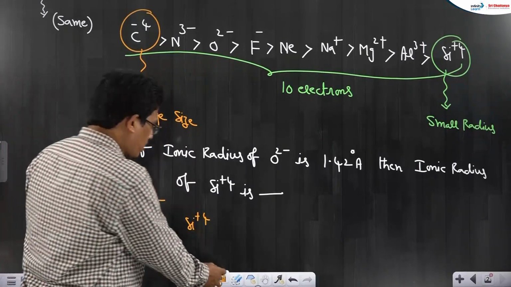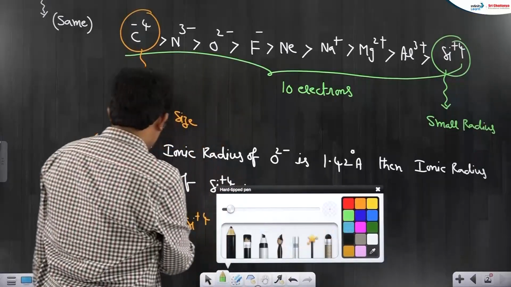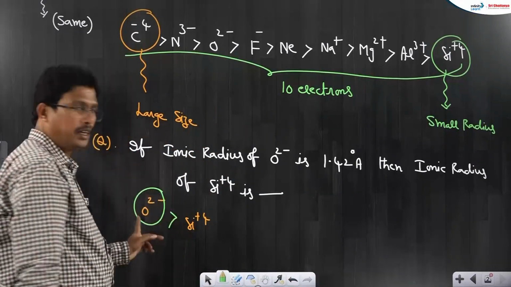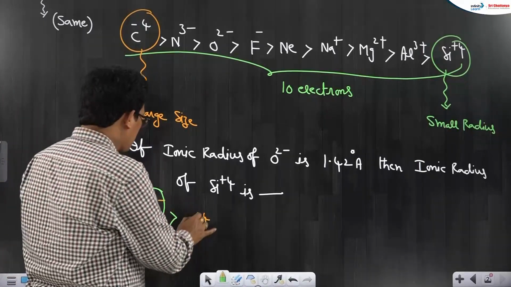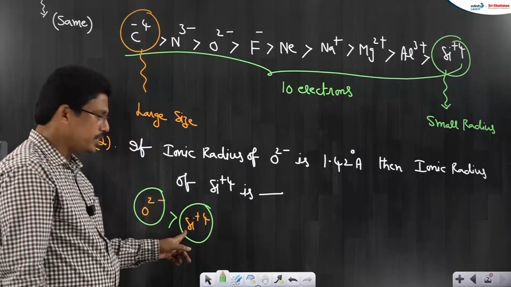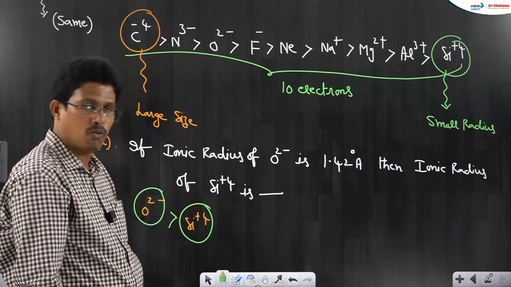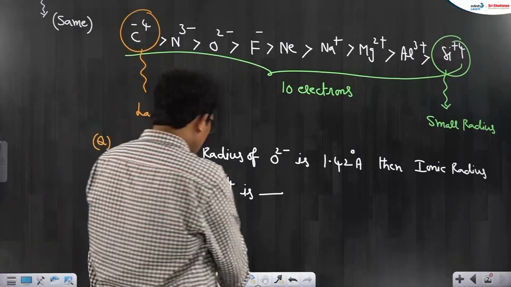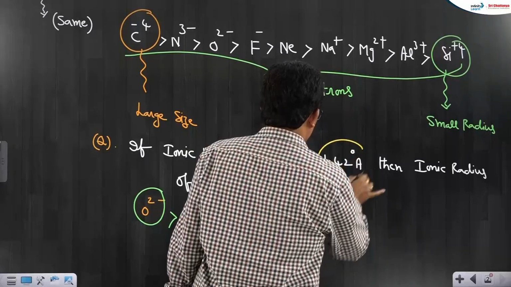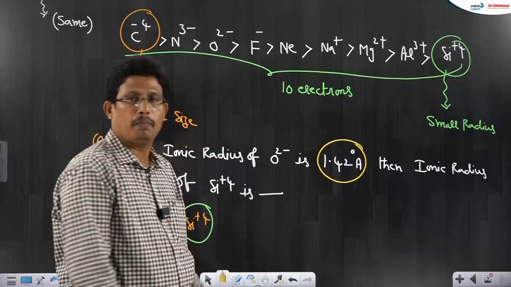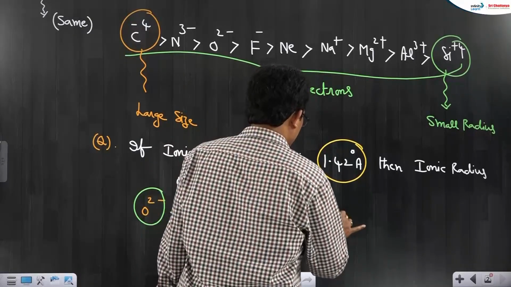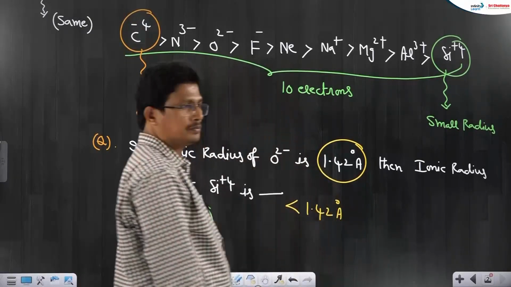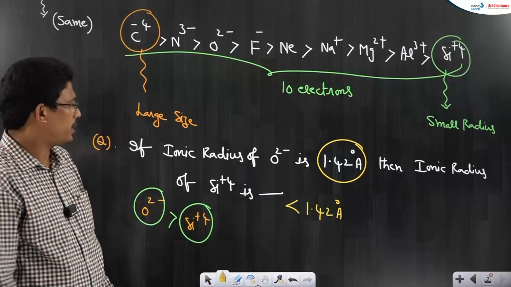In an isoelectronic series, as negative charge increases, radii increases. So the O2 minus value should always be more than Si4 plus. Here the O2 minus value is given as 1.42, so the Si4 plus value should be less than 1.42 angstroms. Okay, it is one type.